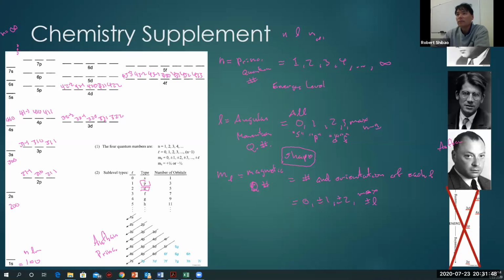We also need some things here in addition to Aufbau. This is filling the orbitals with electrons. First we need to generate the orbitals, and then we're going to fill them. We pay attention to Pauli, with the Pauli exclusion principle.